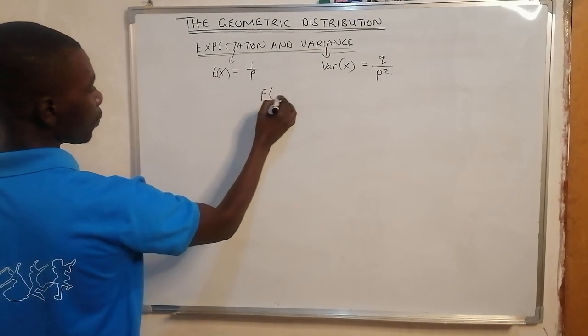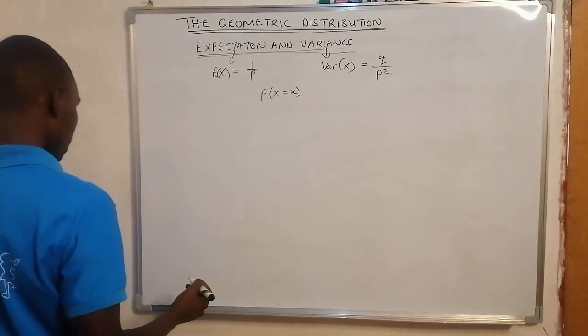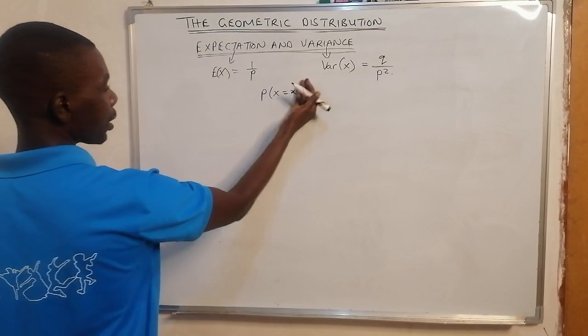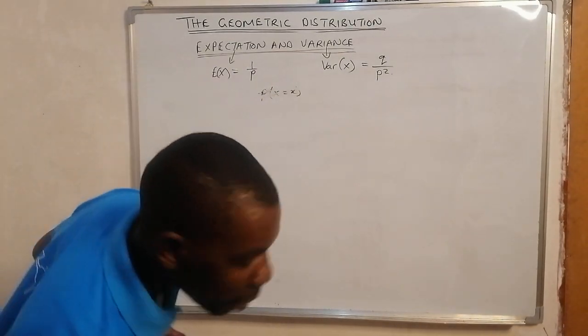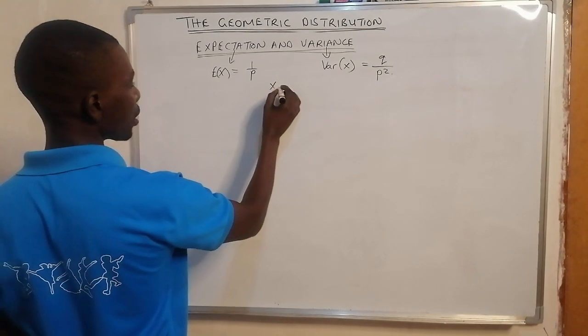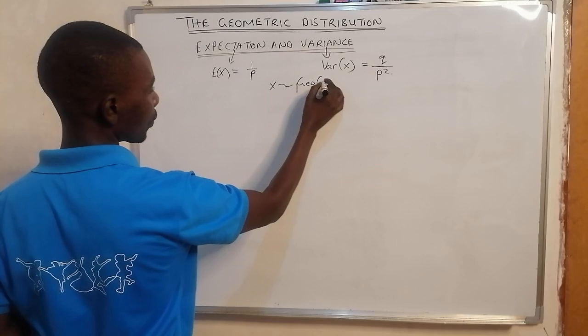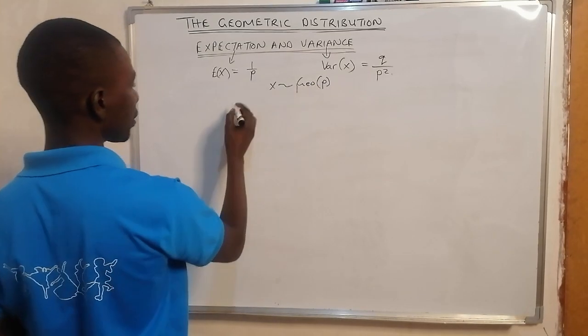This applies when x follows a geometric distribution with probability of success p.